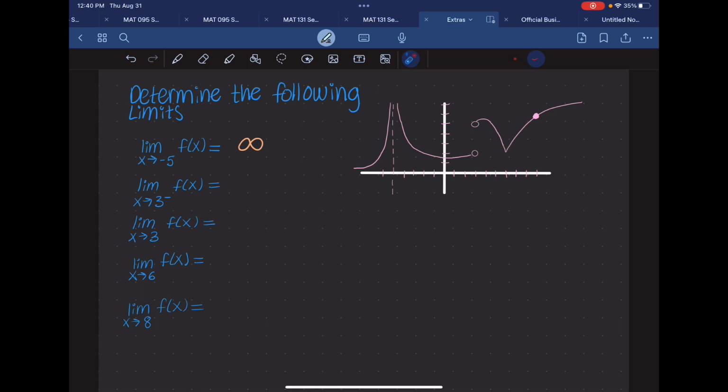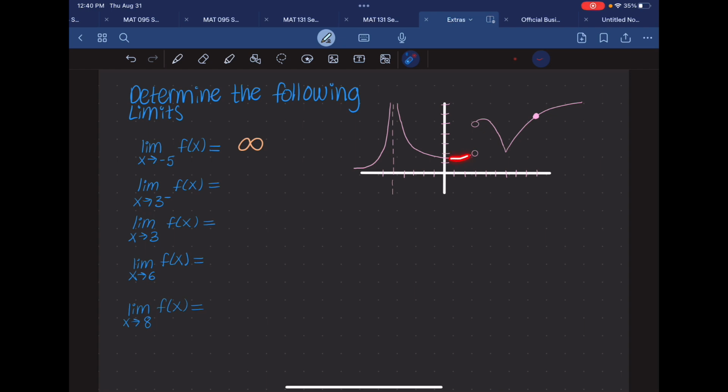Okay, so for the next one, we have the limit as x goes to 3 from the left, so numbers smaller than 3. So x equals 3 would be right here. And we're wanting to approach 3 from numbers that are smaller than 3. So we're approaching 3 this way. And so we're following along this part of the function.